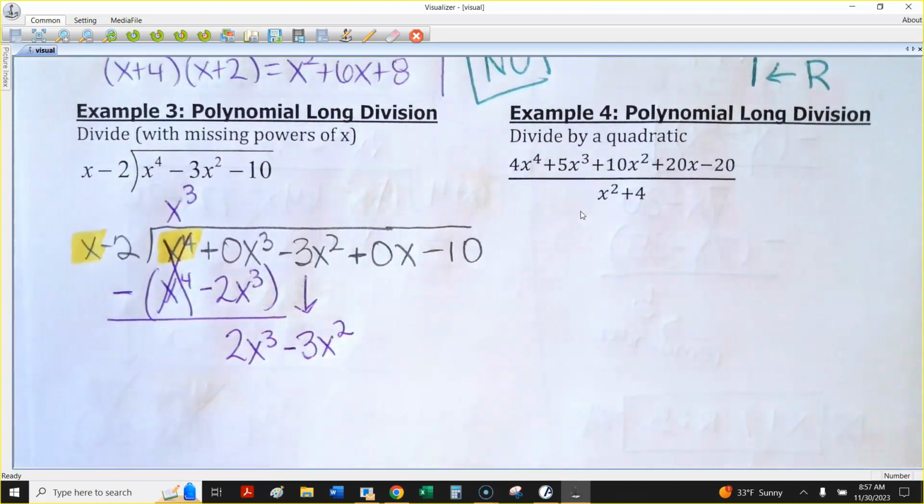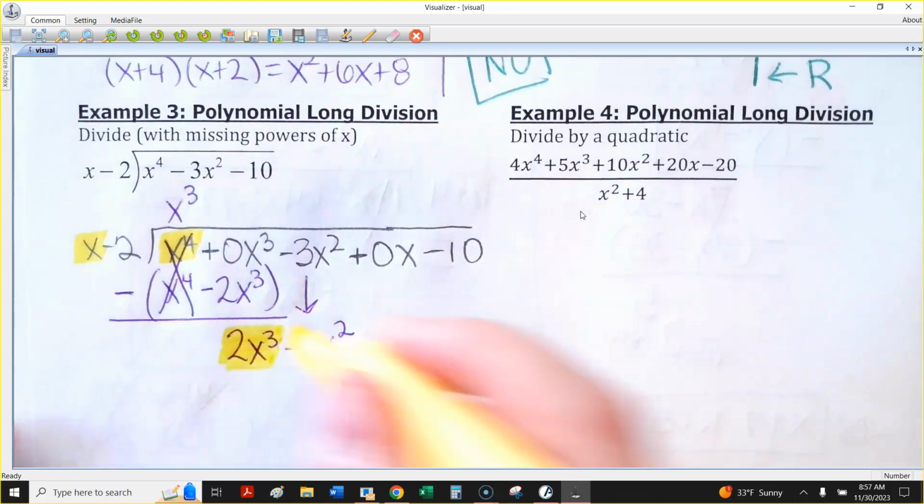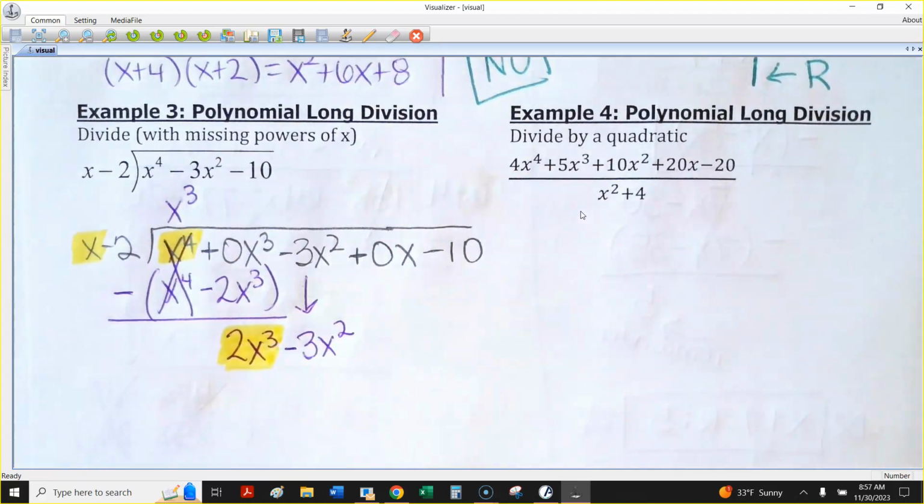So tell me what you would need to multiply x by to turn it into positive 2x cubed. What do you need to multiply x by to get 2x cubed? Two x squared. Good.